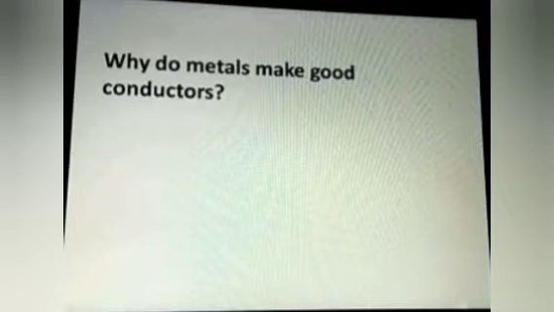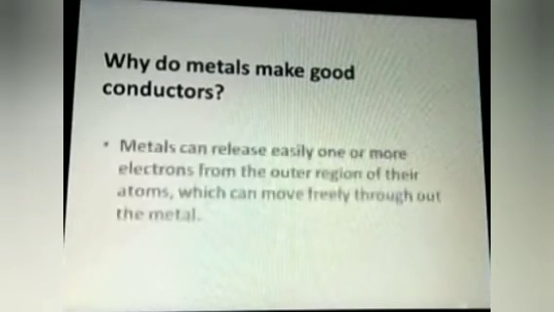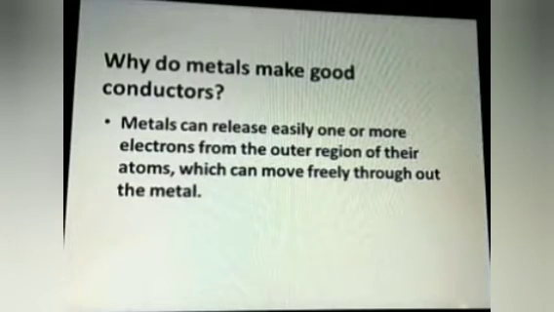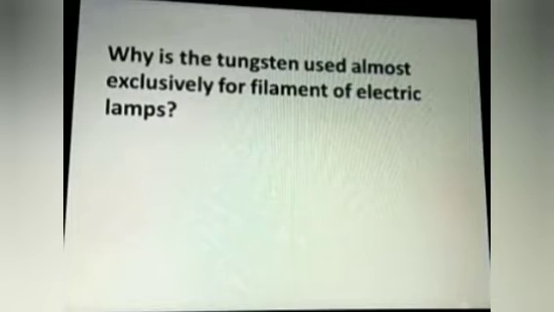Why do metals make good conductors? Metals can release easily one or more electrons from the outer region of their atoms, which can move freely throughout the metal. Why is tungsten used almost exclusively for the filament of electric lamps?